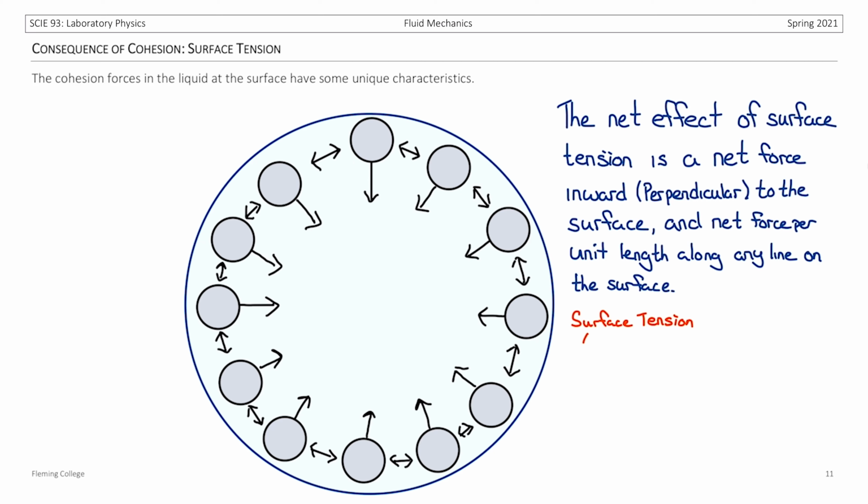Now there's many symbols that you may see used for surface tension. It could show up as sigma, capital T, or even gamma. But again, the units are newtons per unit length, or sometimes referred to as joules per meter squared. So the amount of energy a surface is able to contain within its area.